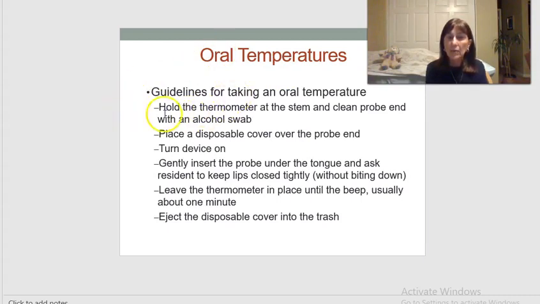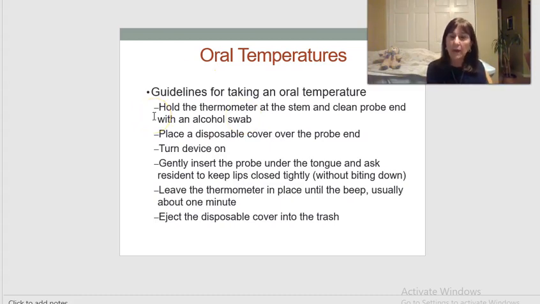So again, when we're taking the oral temperatures, we could hold the thermometer at the end, clean the probe with an alcohol swab, but we do want to put a disposable cover over the probe. Now, if you're in someone's home and they're only using their own, that may not be the case. A way to clean that when they're done is to take an alcohol swab.